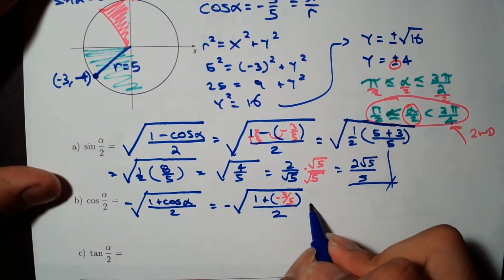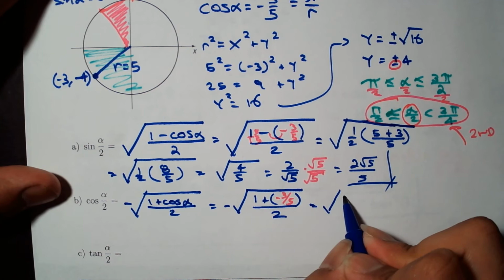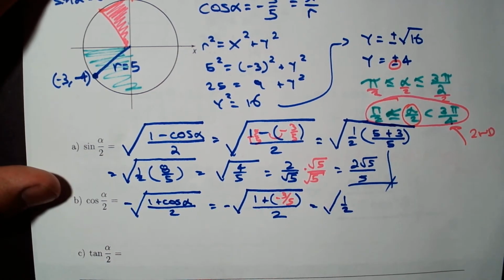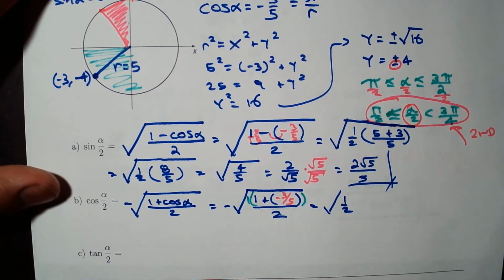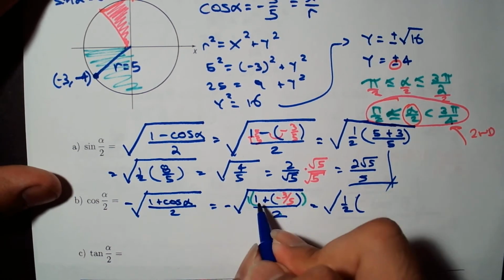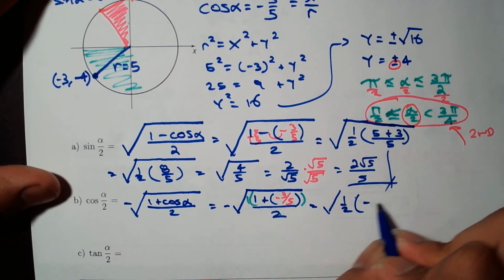This is the same as the square root of 1/2 times 1 plus negative 3/5.